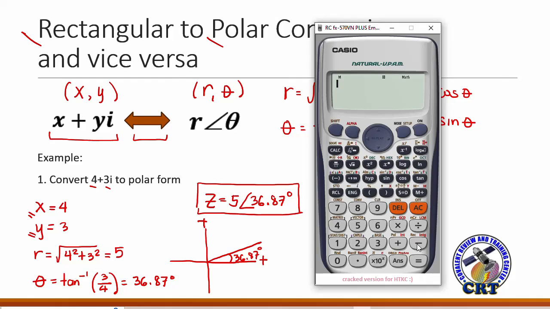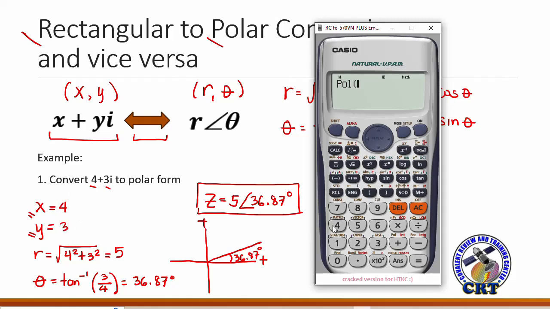So since we are converting rectangular to polar, meaning we need a polar value, we have to call the polar function. To do that in this calculator, press shift, then press the polar button. This function will appear on your screen: pole, open parenthesis, then you have to put x comma y, that is the values of x and y.